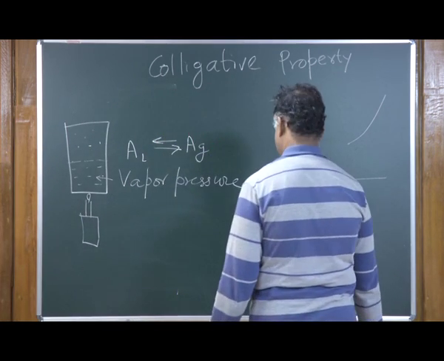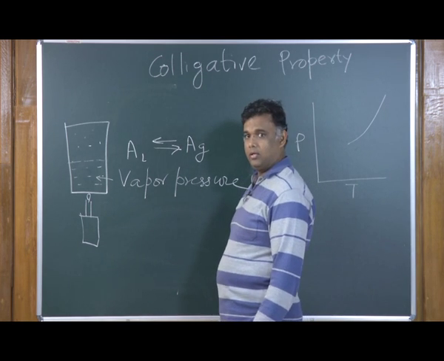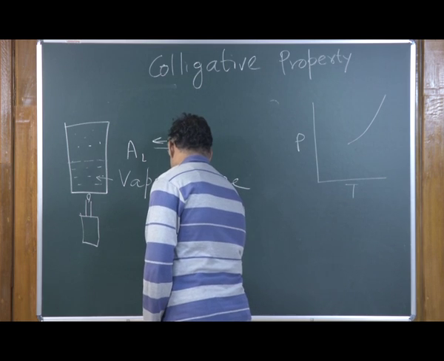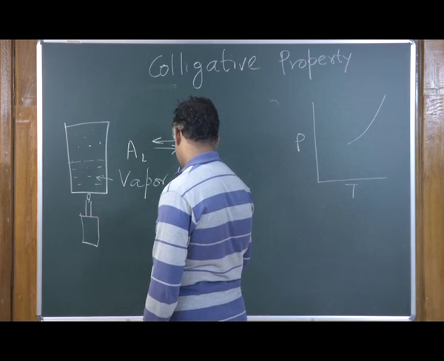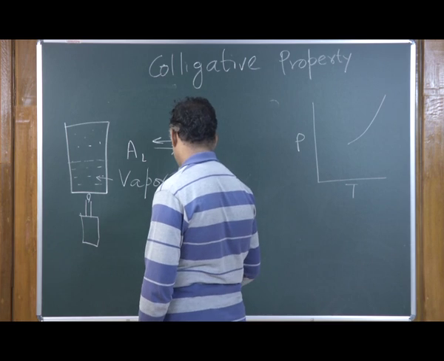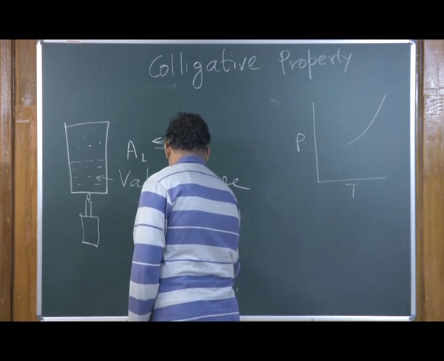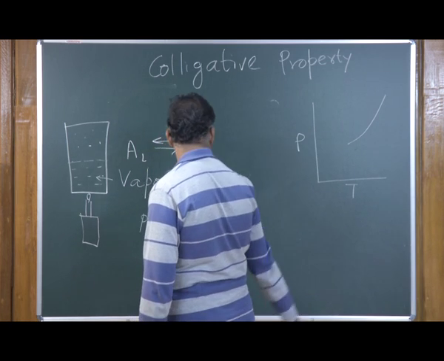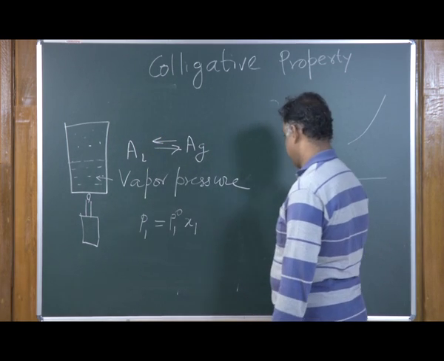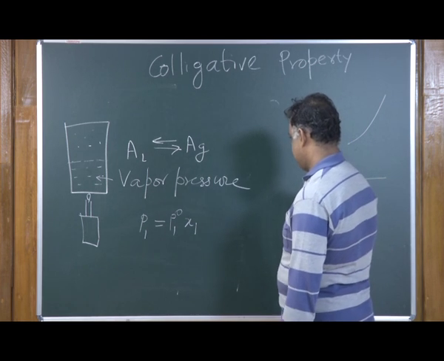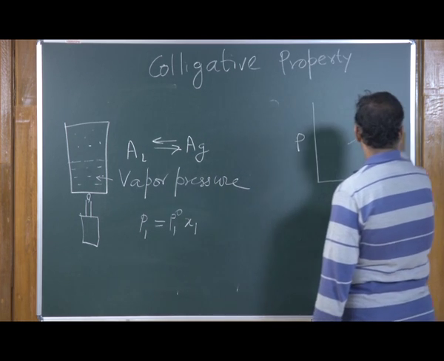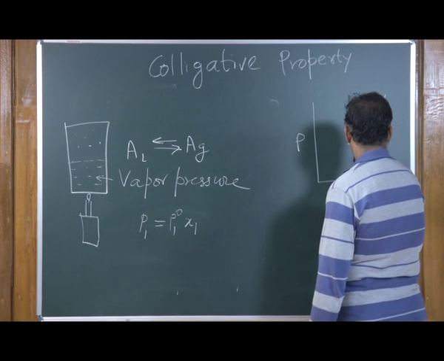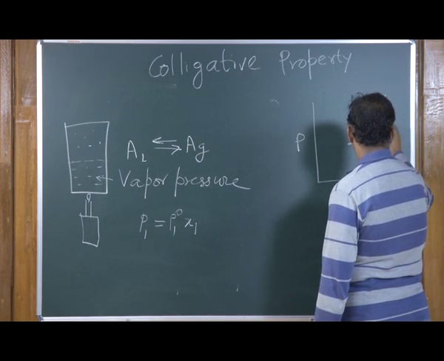But now, there is going to be a decrease in the vapor pressure at a given temperature. If the vapor pressure at a given temperature for the pure solvent was P1°, now it is going to be X1 P1°. So, now I am going to just plot this P1 as a function of temperature. This quantity multiplied by X1, and I am going to get a curve something like this.